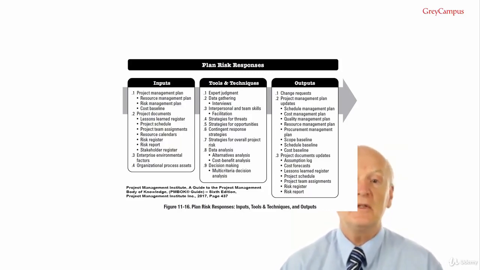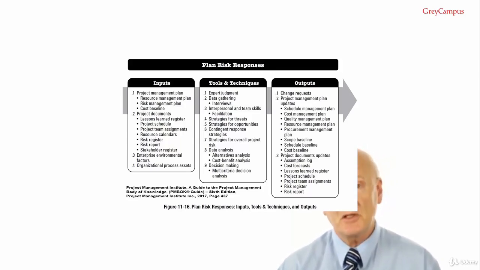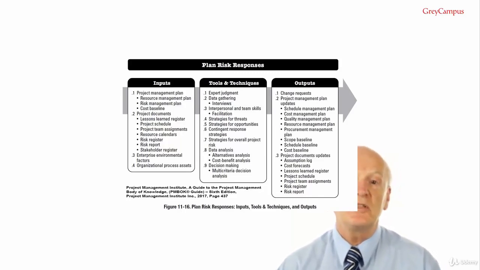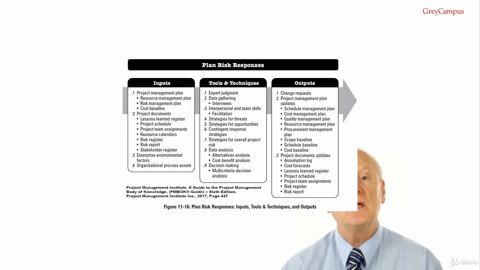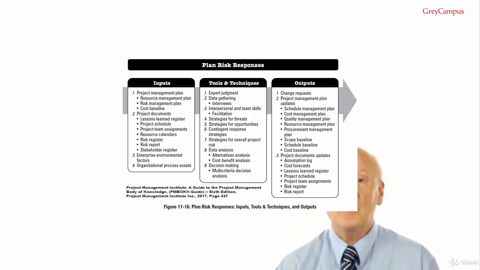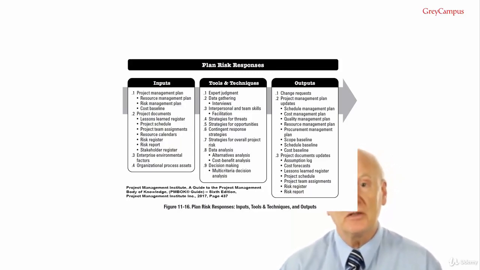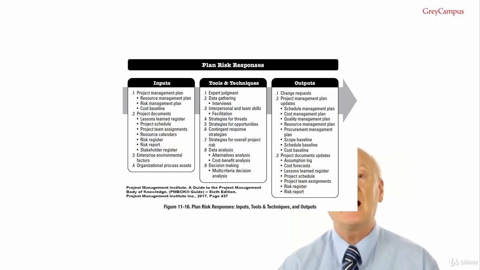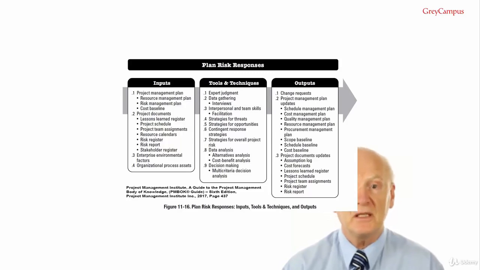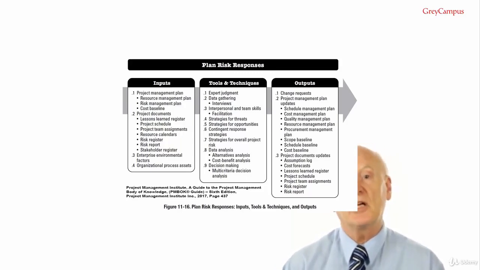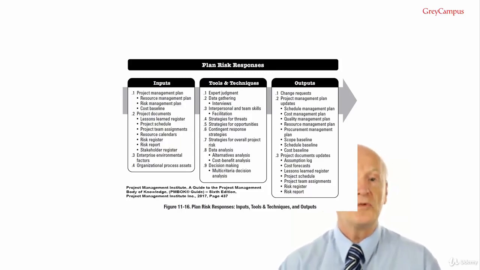Updates to the risk register may include agreed upon response strategies, specific actions to implement the chosen response strategy, trigger conditions, symptoms, warning signs of a risk occurrence, budget and schedule activities required to implement the chosen responses, contingency plans and risk triggers that call for their execution, fallback plans for use when a risk has occurred and the primary response proves to be inadequate, residual risks that are expected to remain after planned responses have been taken, as well as those that have been deliberately accepted, and secondary risks that arise as a direct outcome of implementing a risk response.